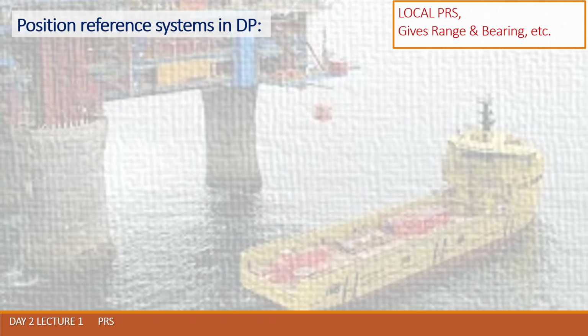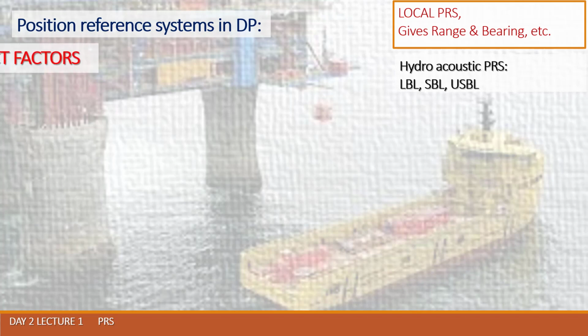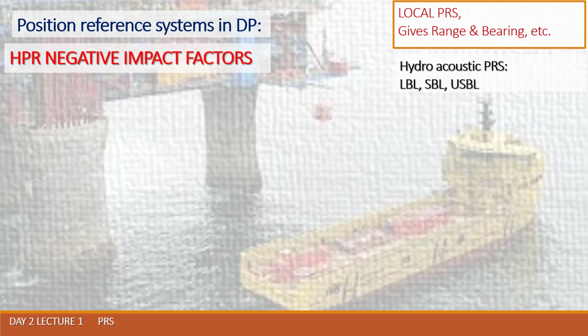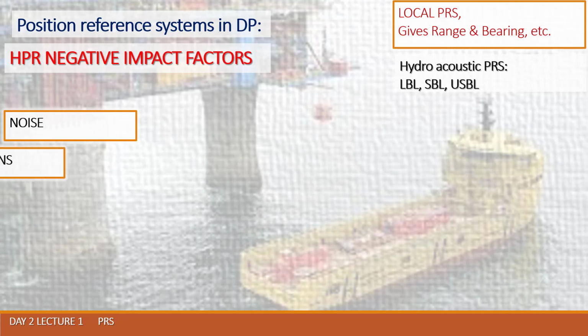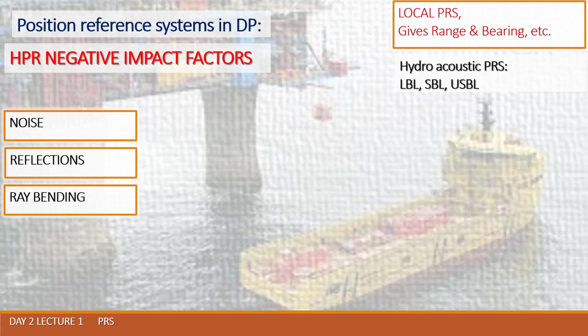Also, guys, we have to highlight the set of negative factors which may influence the quality of signal propagation in water for your HPR system. Among those factors we have noise, which may be produced by thrusters, ship, drilling and diving, waves and other HPR users, and reflections from the sea bottom, vessel, surface or subsea structures.